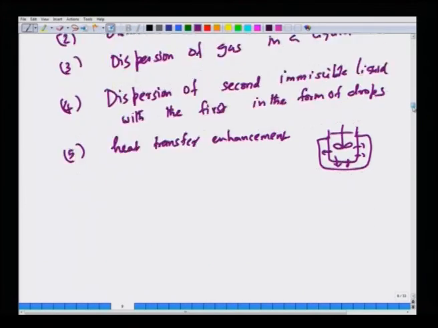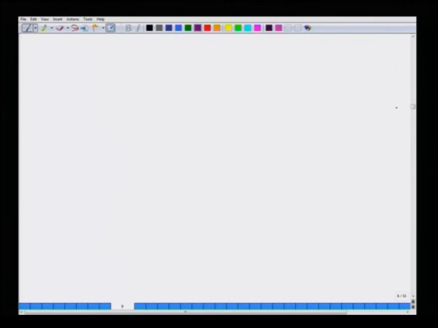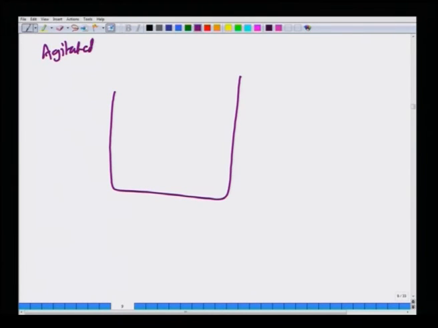Okay. And a typical agitated vessel will look like this. You have a jacketed vessel.